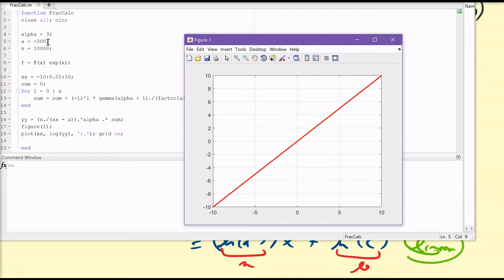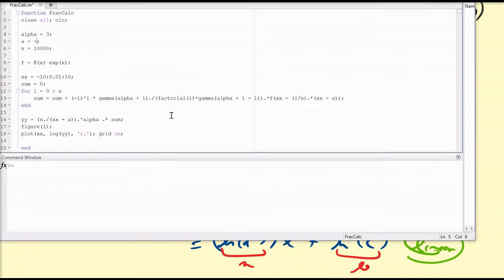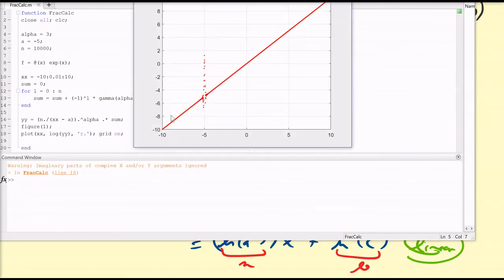So I'm going to choose a base point, say at a is equal to -5, to get an idea of what is going on there. So notice when we choose a base point of -5, we definitely get some unstable behavior, right? And you can look at the algebraic representation of the Grunwald-Letnikov derivative when a is equal to -5 and get an idea of what is going on there. But we definitely get some unstable behavior near that base point.